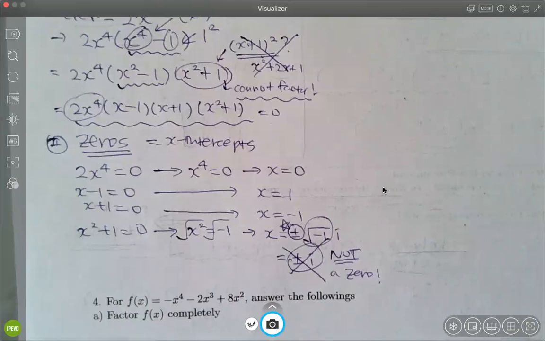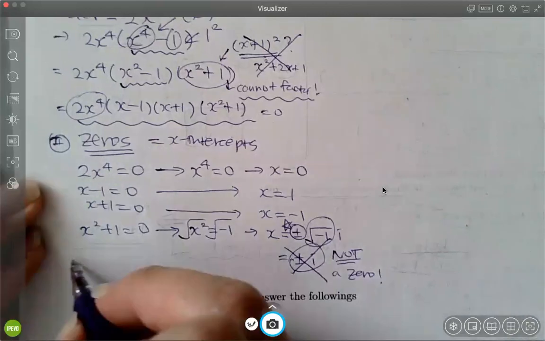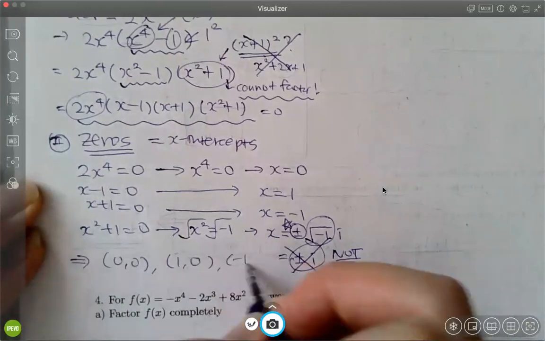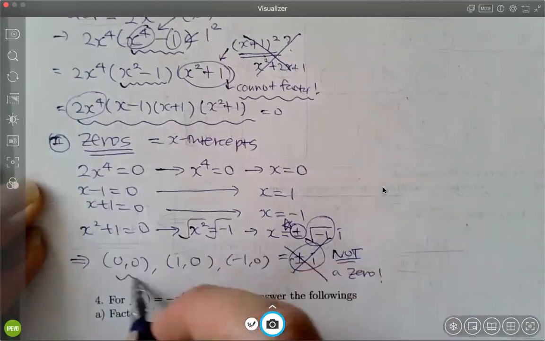And for graphing, we are dealing with the xy plane, which does not contain any imaginary numbers. So that's why plus minus i is just out. So what are the x-intercepts? (0, 0), (1, 0), and (-1, 0). These are the x-intercepts.